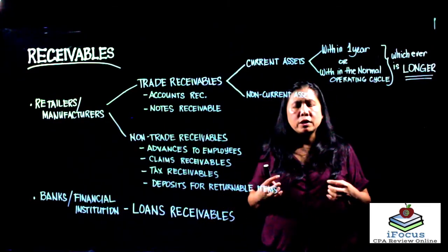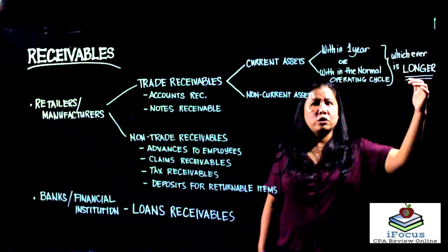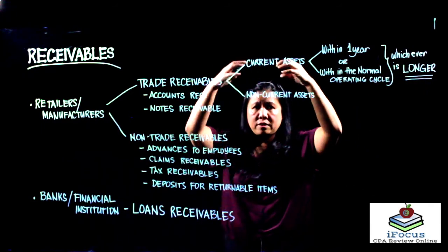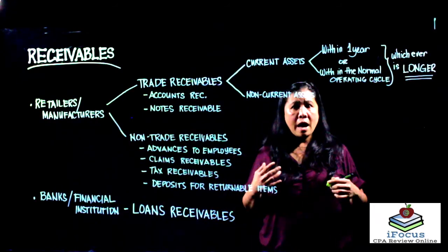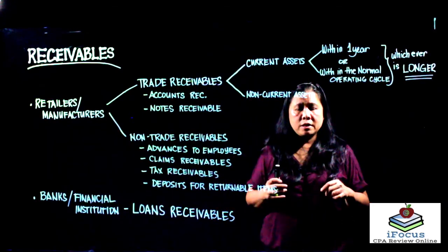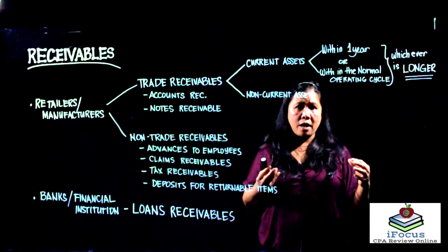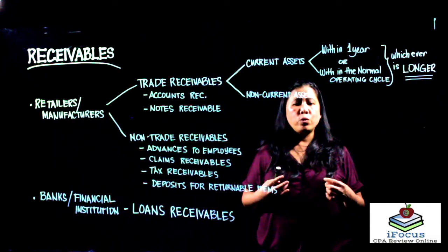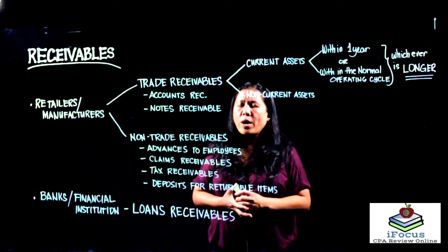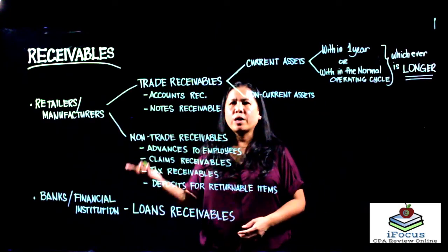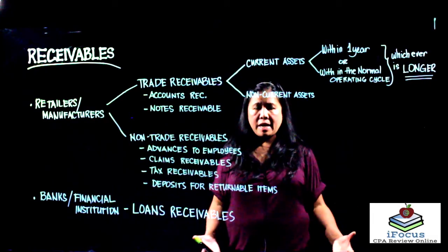So if it's more than 1 year, whichever is longer, we still consider that as a current asset. If the normal operating cycle is not given in the actual exam problem, then we assume the operating cycle is 12 months. When do we consider a trade receivable as a non-current asset?